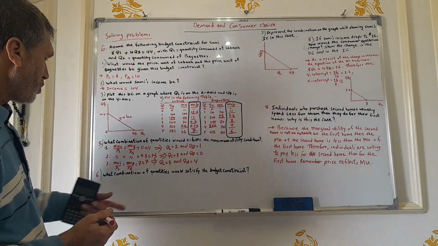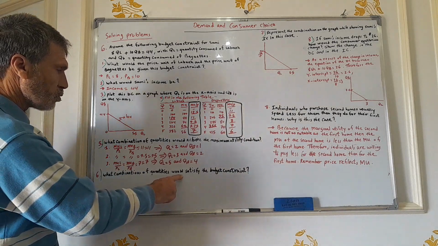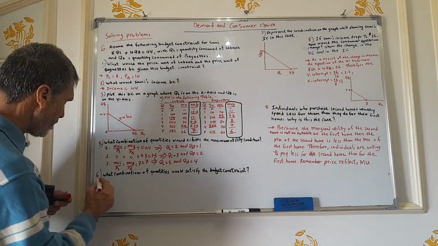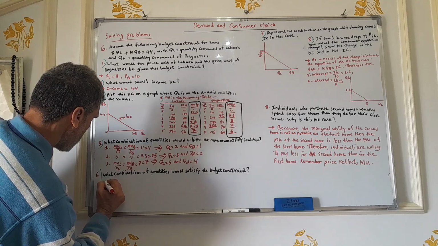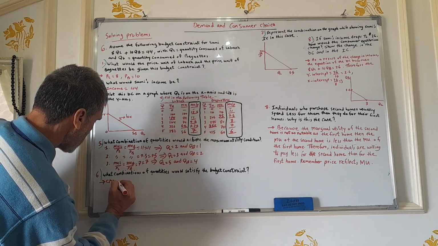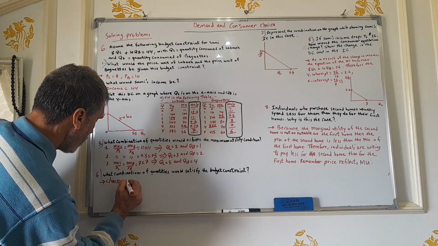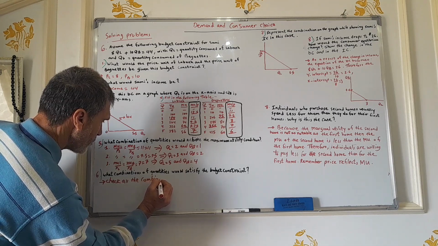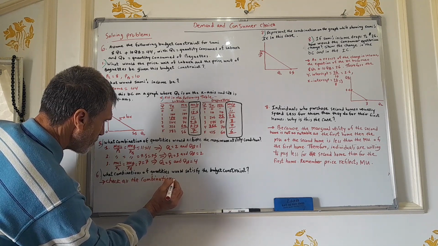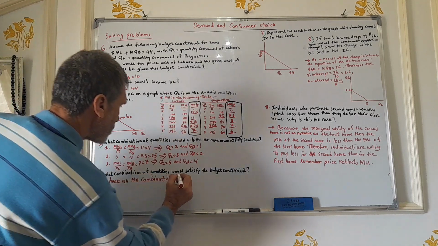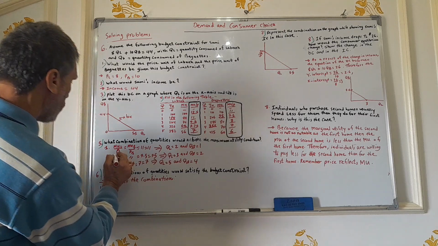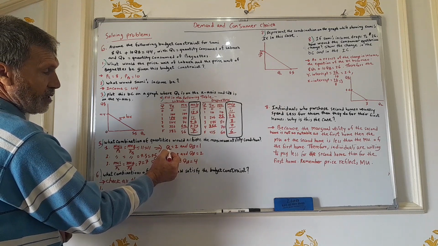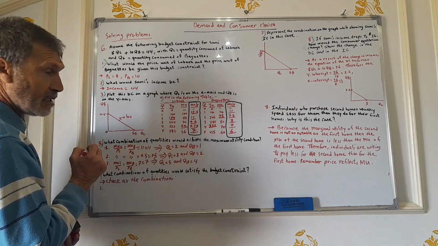Now we come here. What combination of quantities would satisfy the budget constraint? Okay, we move here, check all the combinations. For the first one, we get 2 units of Lebanese and 1 unit of baguettes.